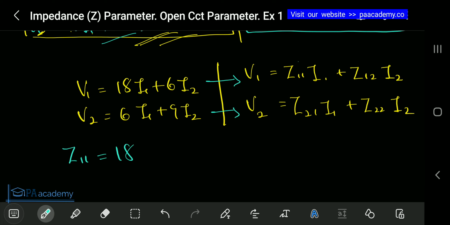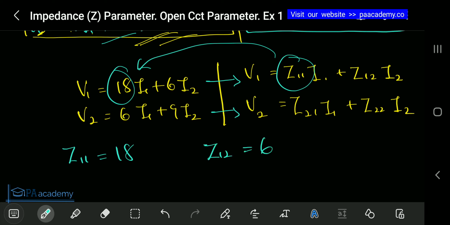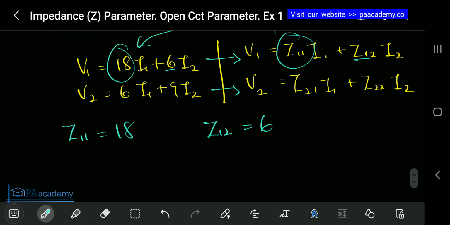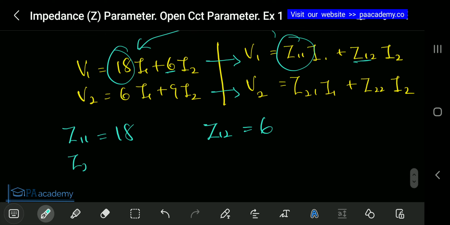Look at it. That means our Z11 is 18. Then our Z12 is equal to 6. Then our Z21 is also equal to 6. And then our Z22 is equal to 9.